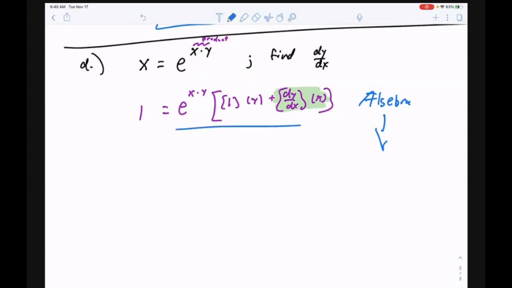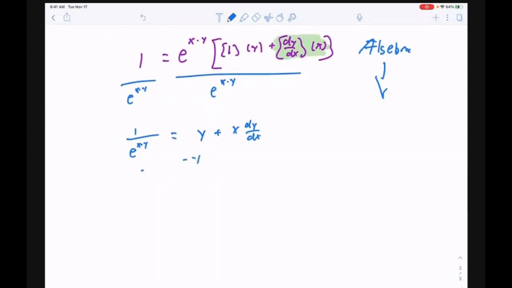So the best way to do this is, since there's only one term that's dy dx, you just solve the problem like you do PEMDAS, reverse PEMDAS. You work from the furthest thing away from the dy dx and then come back. So the furthest thing away is e to the x times y. So now I get 1 over e to the x times y equals y plus x dy dx.